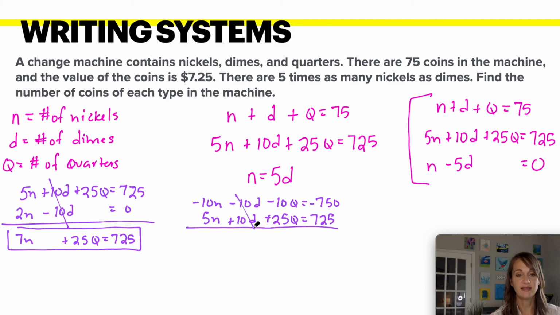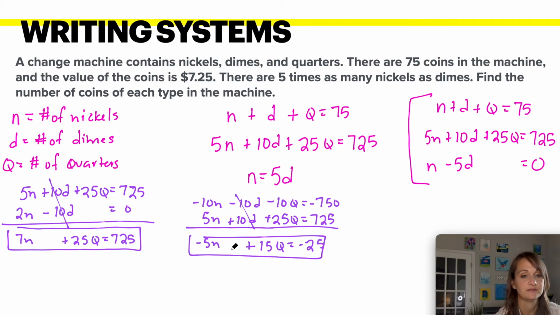When I add them together, I'll get a negative 5n, a positive 15q, and that equals a negative 25. I now have two equations to be able to solve. So I have 7n plus 25q equals 725 and negative 5n plus 15q equals negative 25.